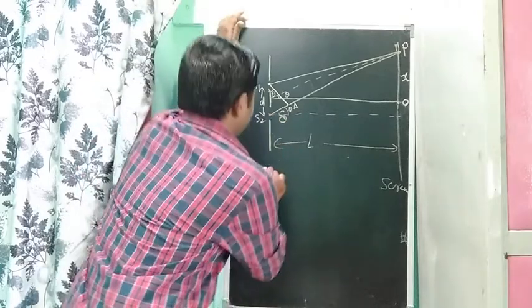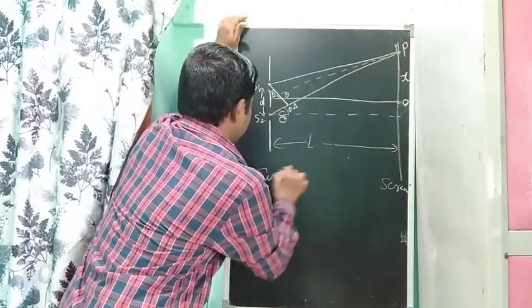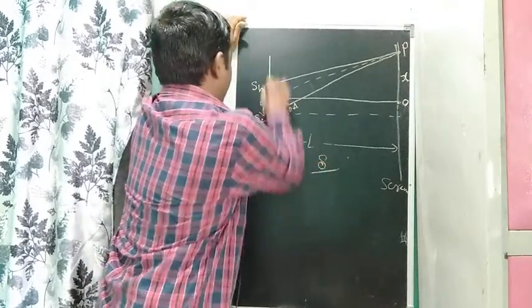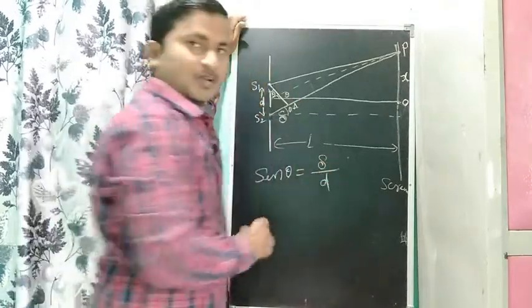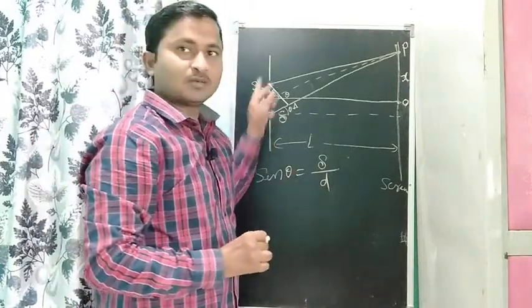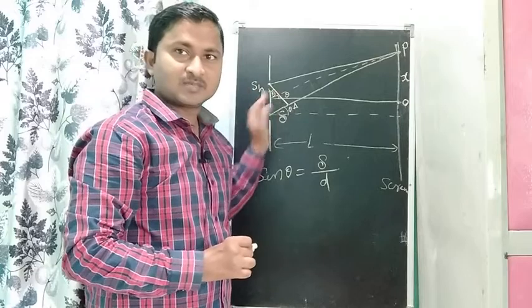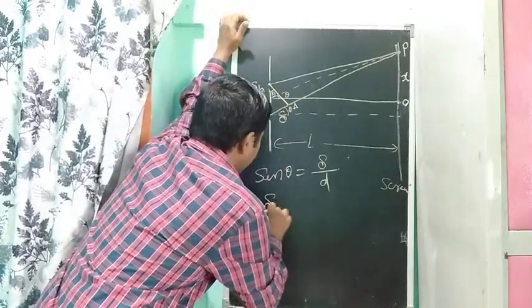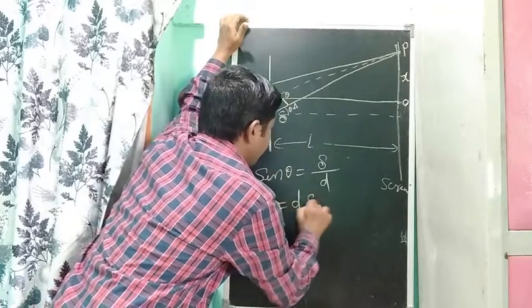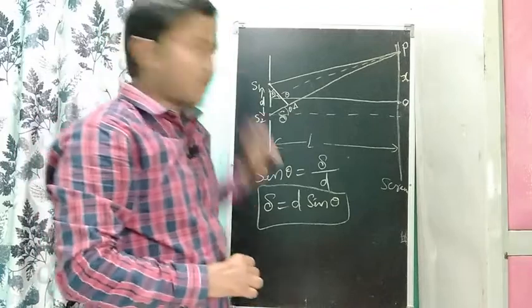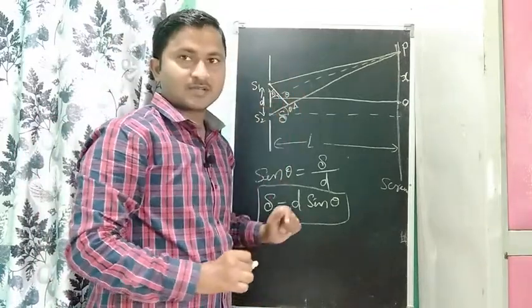So from the triangle, sin theta equals opposite side delta by hypotenuse d, where d is the distance between the two light sources, the distance between the two slits. From this, delta equals d sin theta. This is the path difference between the two light waves.